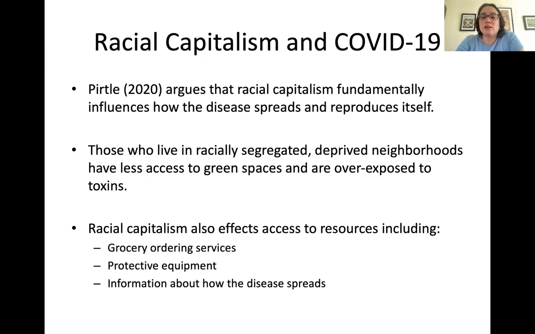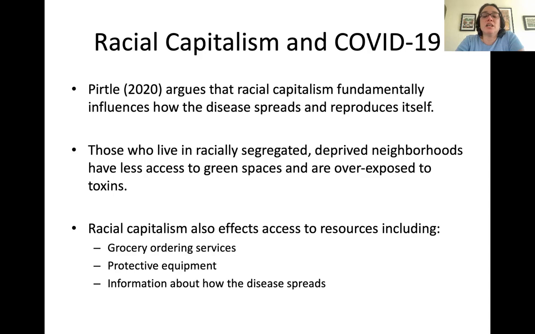This, of course, applied to COVID as well. Those who live in racially segregated, deprived neighborhoods have less access to green spaces and are overexposed to toxins. And racial capitalism also affects access to resources, including grocery ordering services, protective equipment, and information about how the disease spreads.